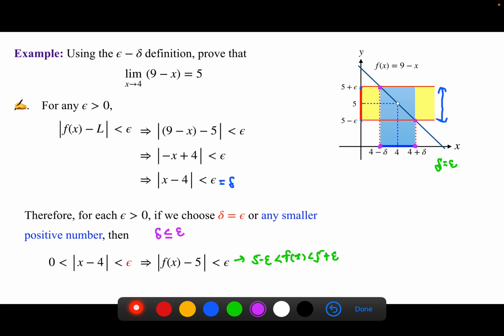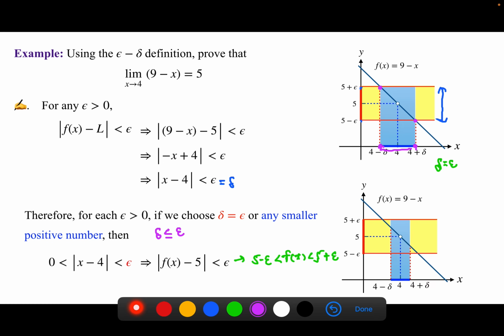So from here you can see that delta is epsilon. For this delta equal to epsilon, see here, for these values of x, function values are within this yellow vertical band.